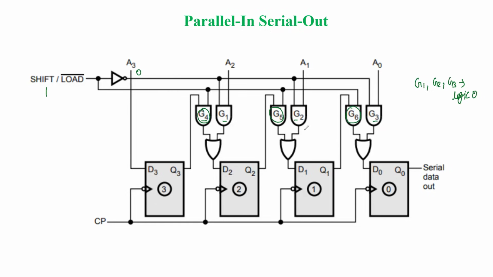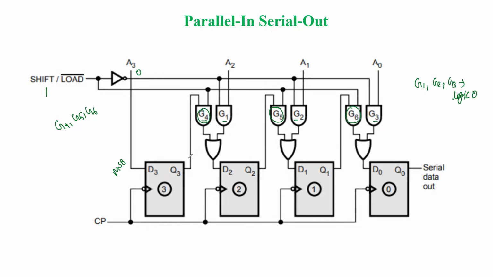And the other inputs to these gates G4, G5 and G6 are the outputs of the flip-flops. Earlier, for D3, the MSB bit was already there. So when triggering takes place, shifting is going to occur. The data bit at D3 is available at Q3.